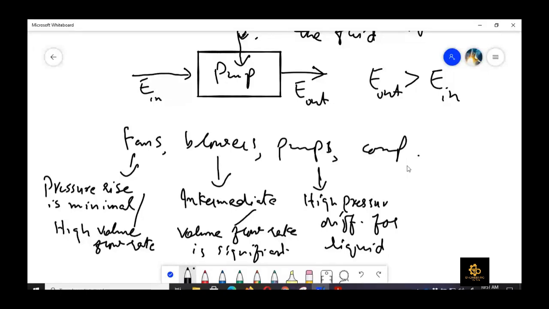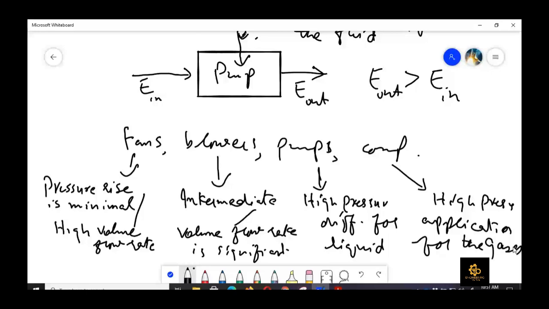And the compressor is for high pressure application for gases. Like we install a compressor in a turbojet or maybe in our air conditioner where we have to compress the vapor refrigerant. So that is the compressor.